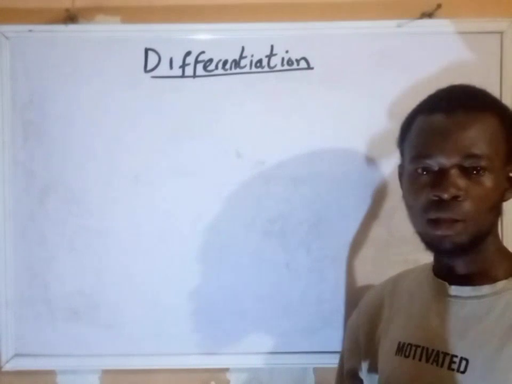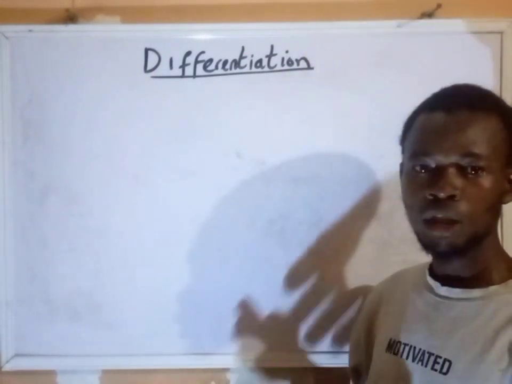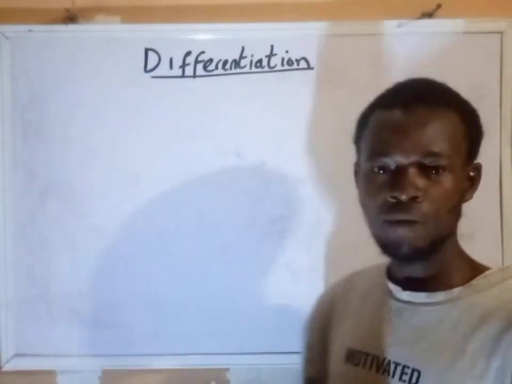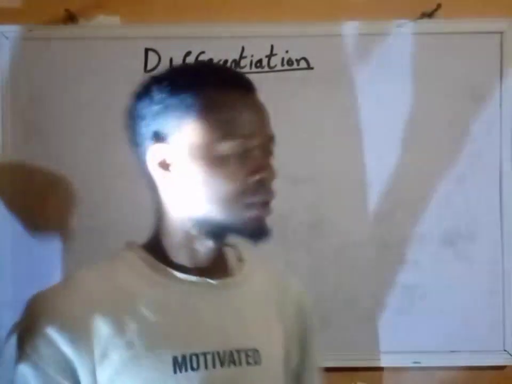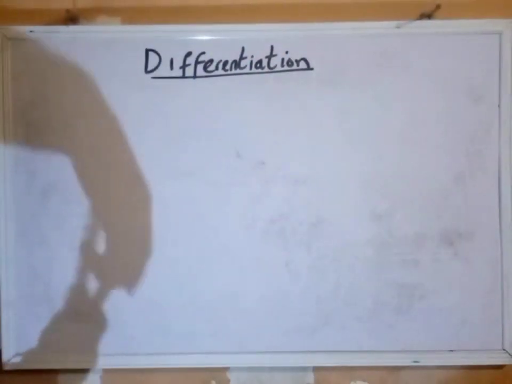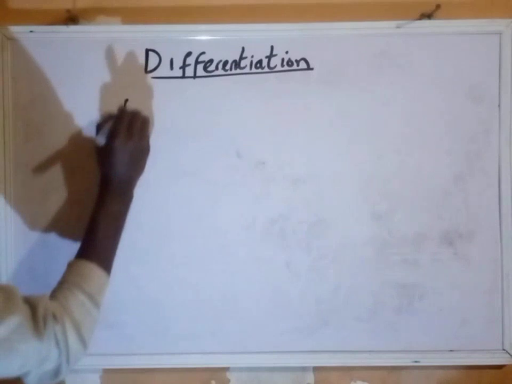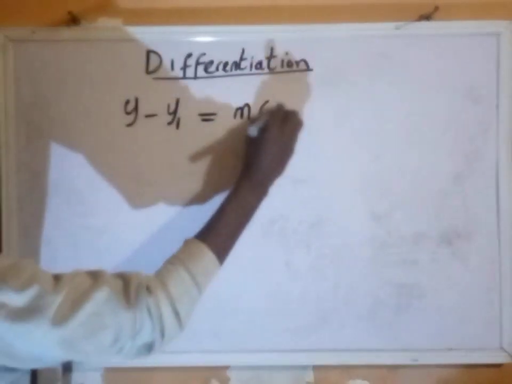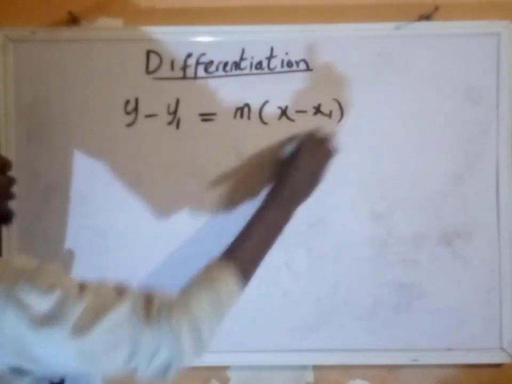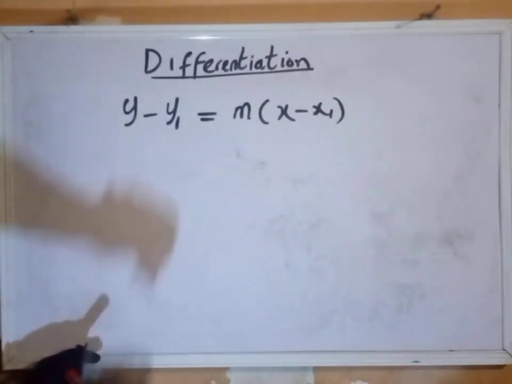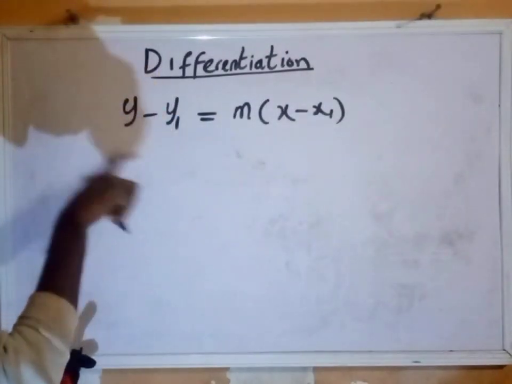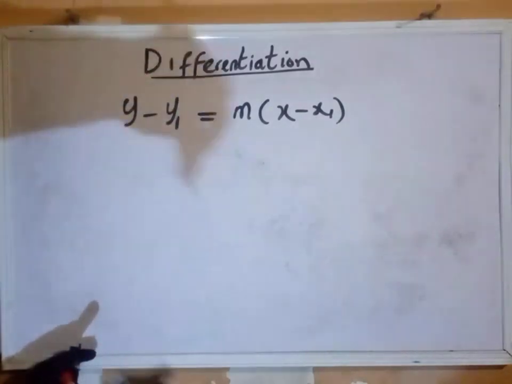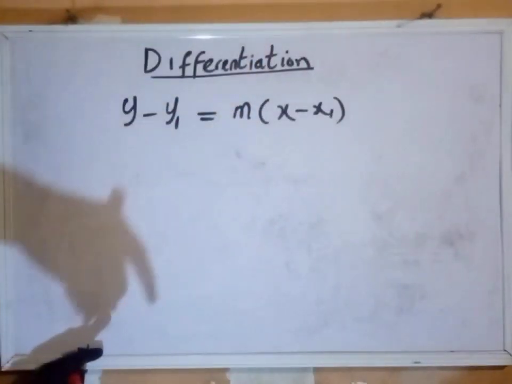Differentiation in calculus means the rate of change. So if you consider the equation of a straight line, which states y minus y1 equals m into bracket of x minus x1. So we have the equation of a straight line, given that there is a small increment in y as well as a small increment in x.